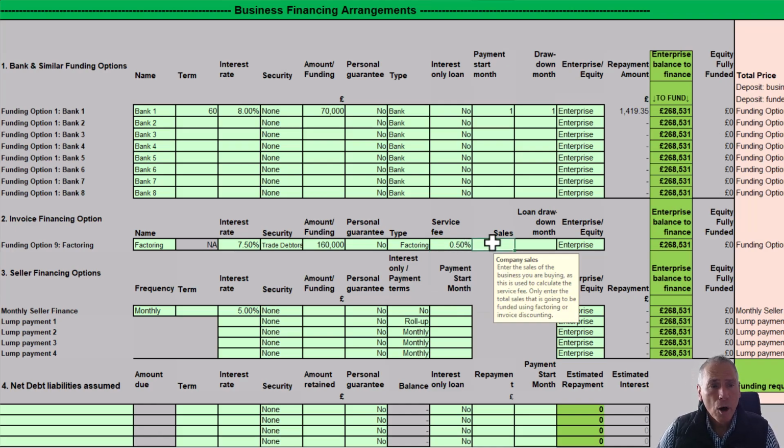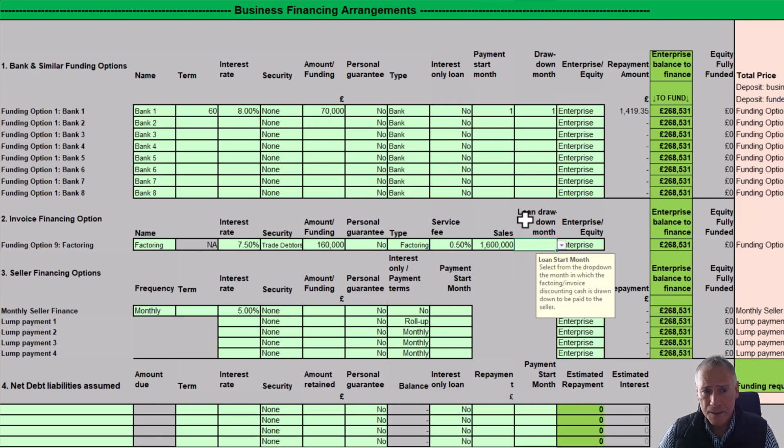And I'm going to assume the whole of the sales are able to be factored. So that's 160,000. And the service fee is based upon the volume of sales. So that will be an additional charge over and above what you're effectively borrowing, which in this case is £160,000.